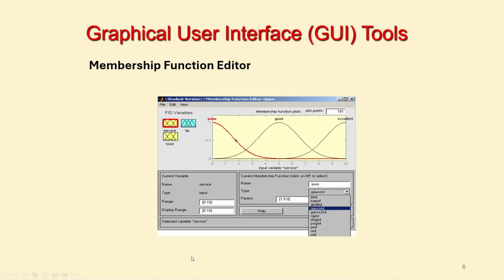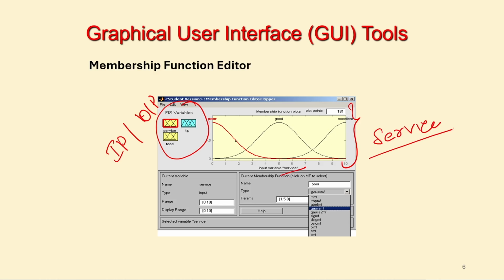Next, the membership function editor. In the membership function editor we can see these three windows: this is meant for input and output, and this is meant for editing the membership function. For the membership function, the variable is service. Now this service is divided into three linguistic terms: one is poor, another is good, another is excellent.